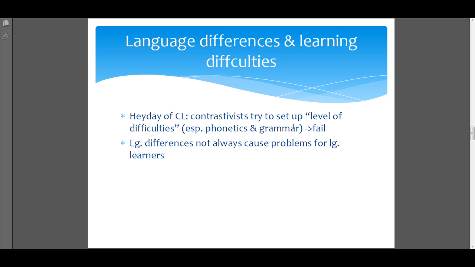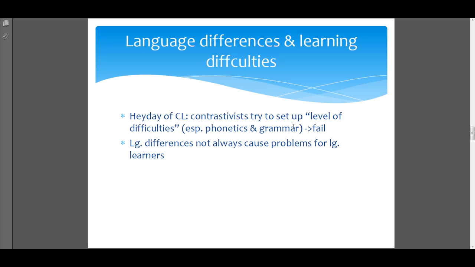In the early days of contrastive linguistics, especially after World War II, contrastive linguistics researchers tried to set up many levels of difficulty for language pairs, and they focused especially on phonetics and grammar.